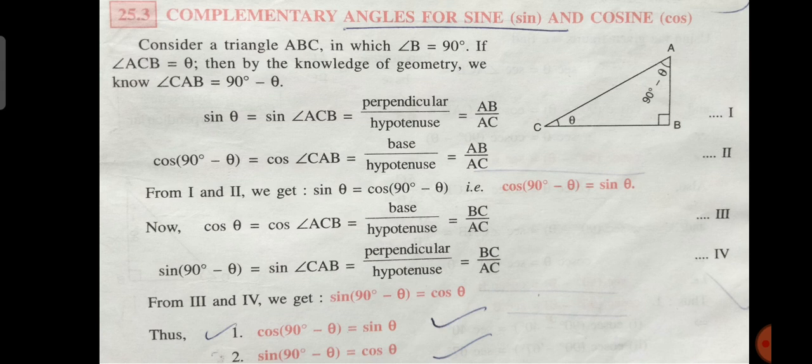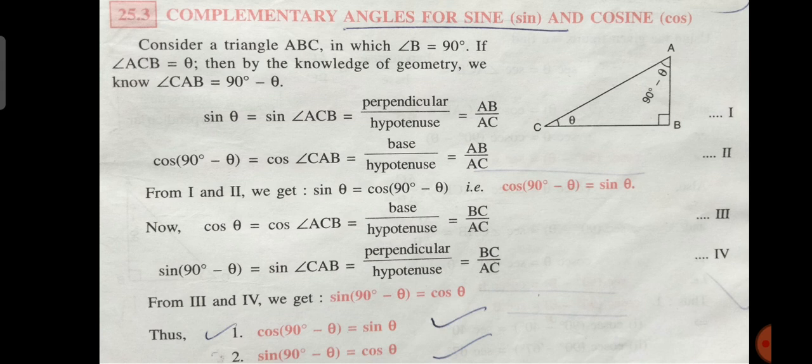So this is the main important result: cos 90 minus theta is sin theta. If sin theta or cos theta is given, you can find the ratio of its complementary angle.